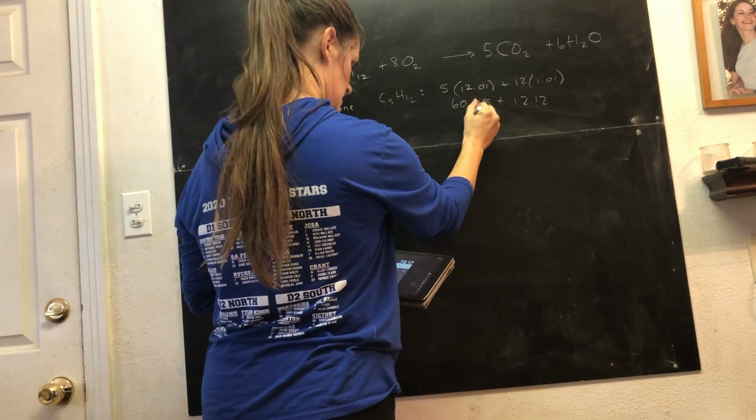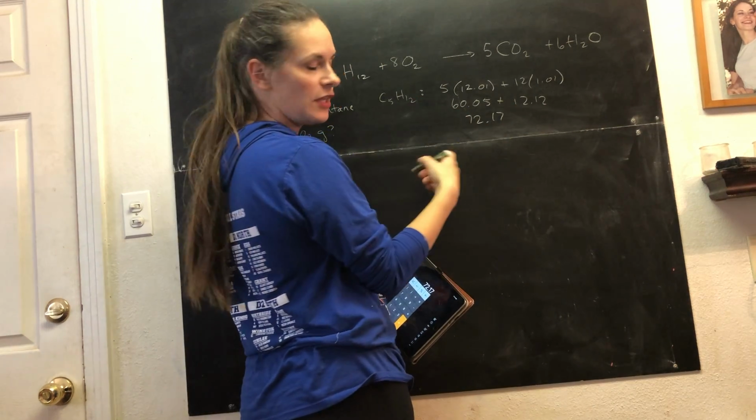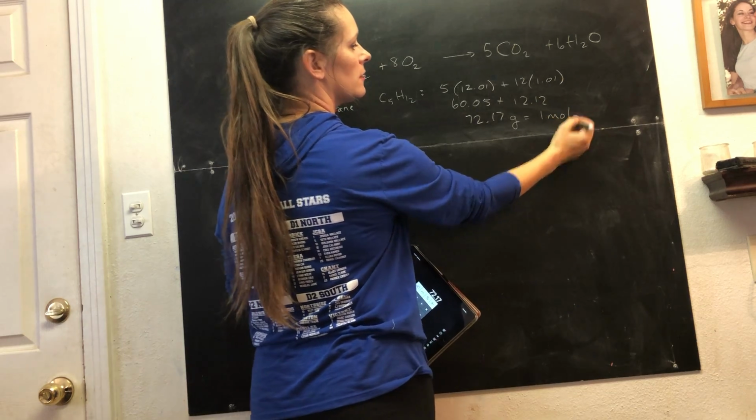Okay, 72.17 AMU for 1 molecule, 72.17 grams for 1 mole.